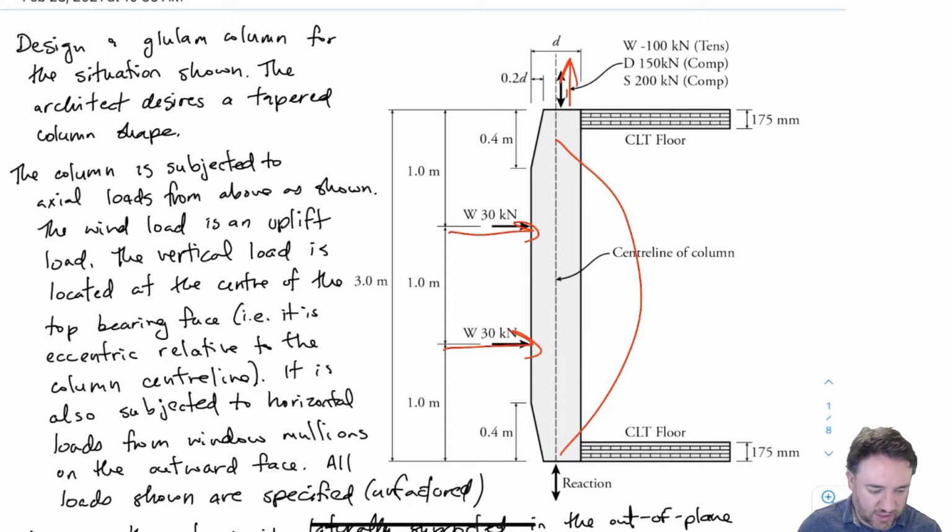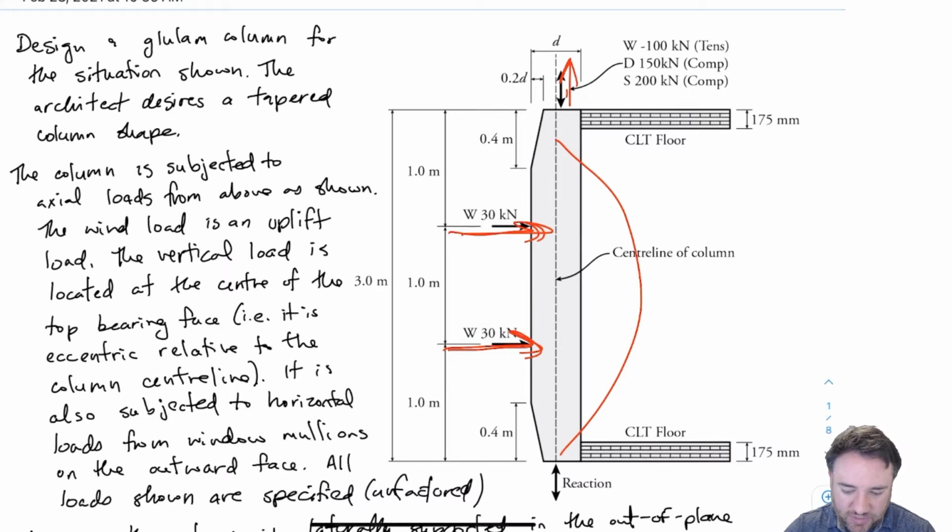Okay, so how are we going to calculate that? We are going to look at our load combinations and pick basically the worst one. Really, the primary thing that's happening here is these lateral loads are what's going to cause the most bending. This eccentricity is going to cause something very small.